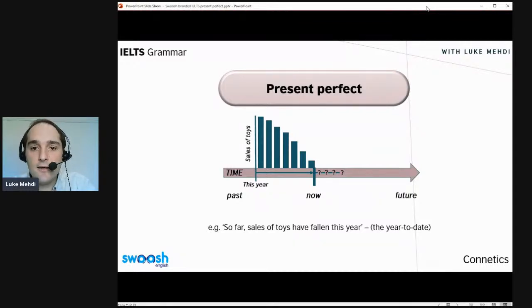And again, this trend might continue into the future. In a task 1, they may give you data that started in the past and continues with a projection in the future. If you are summarizing trends that started in the past and continue to the time now, you can use the present perfect.